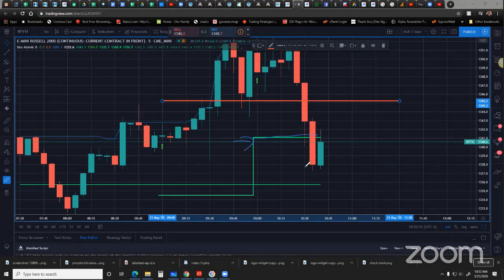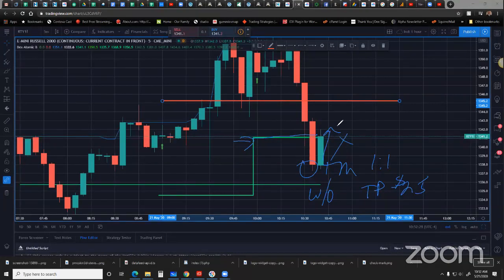Two, if we would have signed OTM right here, this would be back up, and if we did OTM at 1-to-1 and then did a working order take profit for 25, this would have been out already. We would have made our $50 right there and been done. We don't get greedy trying to get the OTM to make the 112. We let it do its thing and make our 50 for sure.